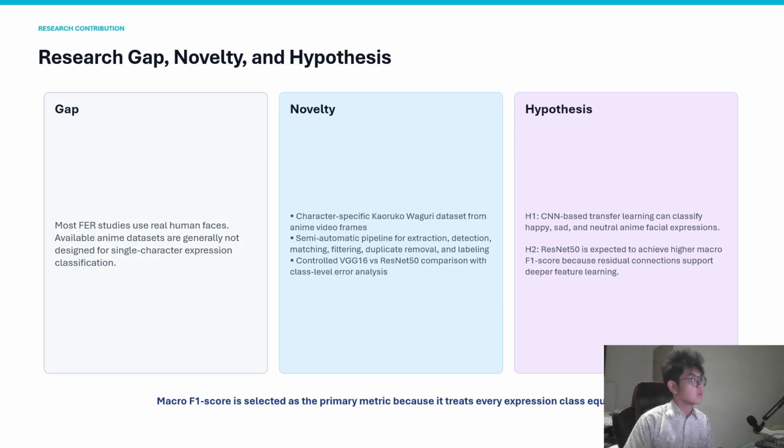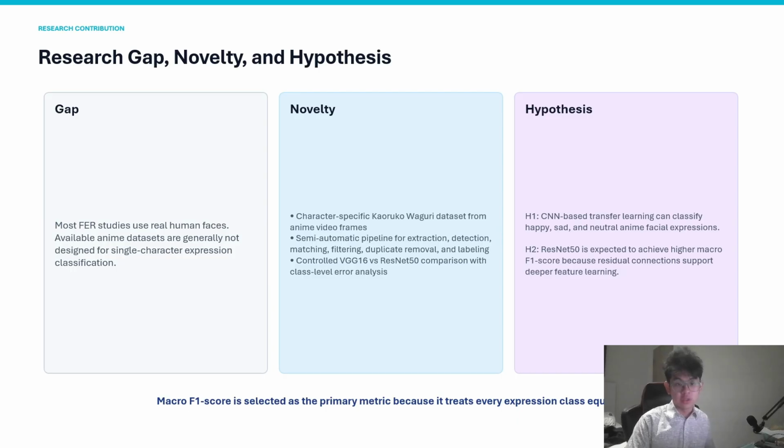And then next we move to research gap, novelty, and hypothesis. The research gap is that most facial expression recognition studies focus on real human faces. Although some studies are related to cartoon or anime images, they usually do not focus on one specific anime character, and they do not specifically compare VGG16 and ResNet50 for a three-class expression classification task.